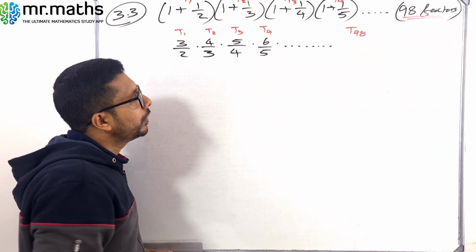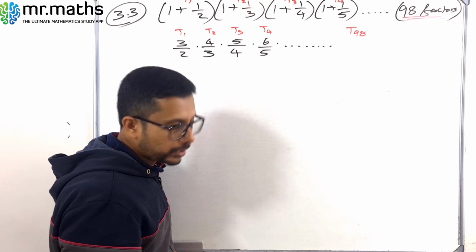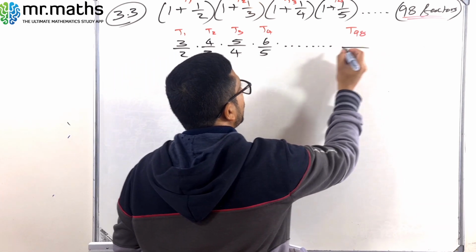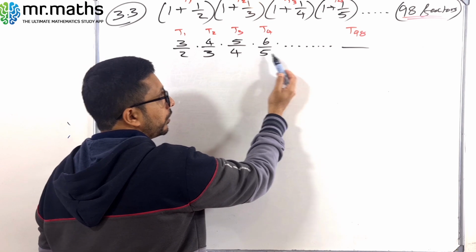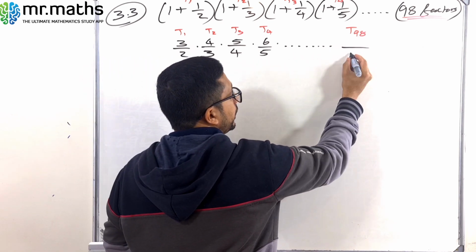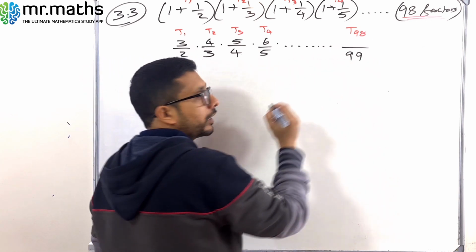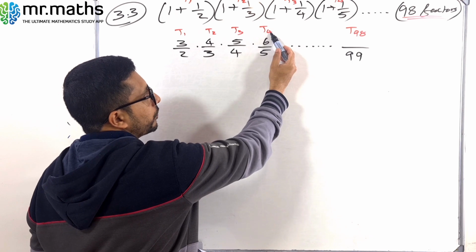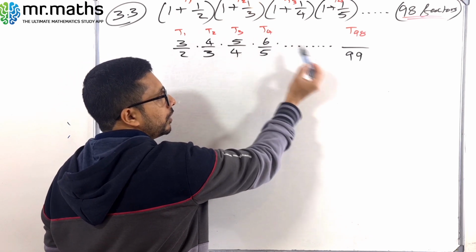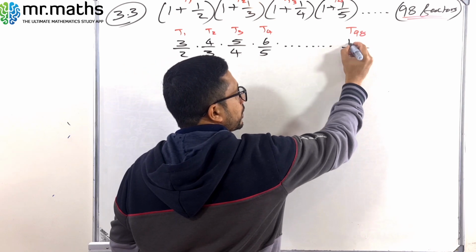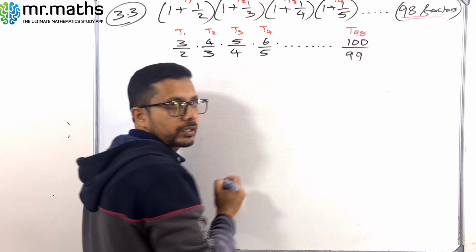So how can I write it as a fraction? Don't forget that when here it is 4, the denominator is 5. So when it is 98, the denominator is 99. When here it is 4, 5, 6, 1 more than this 5, 1 more than 99 is 100.